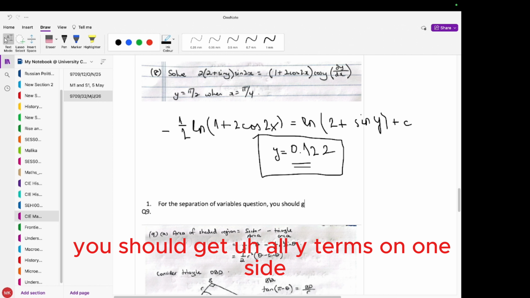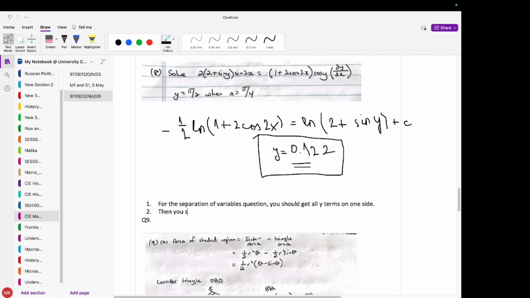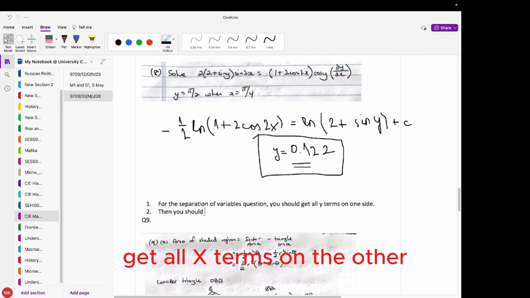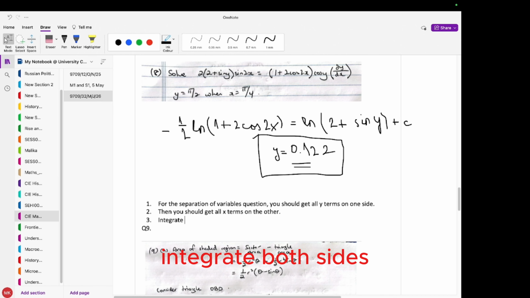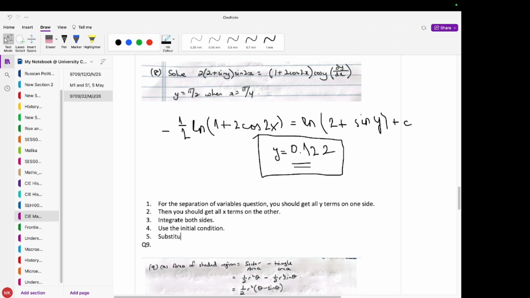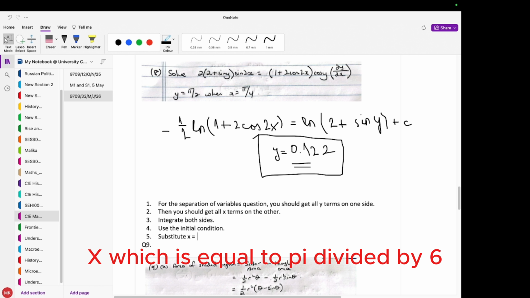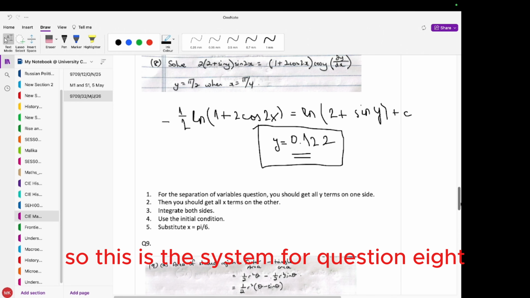You should get all y terms on one side, then all x terms on the other, integrate both sides, use the initial condition, and then substitute x equal to pi divided by 6. So this is the system for question 8.